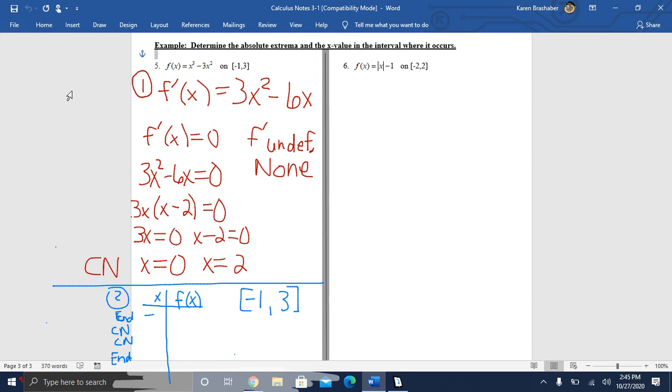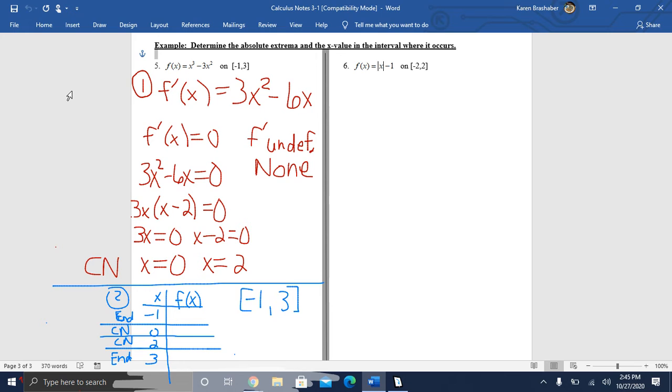So we'll need to check when x is -1. We'll need to check when x is 0. That's one of the critical numbers. And by the way, if your critical numbers are not in the interval, then you don't use them, but both of these are. And then 2 is in the interval, and finally 3.